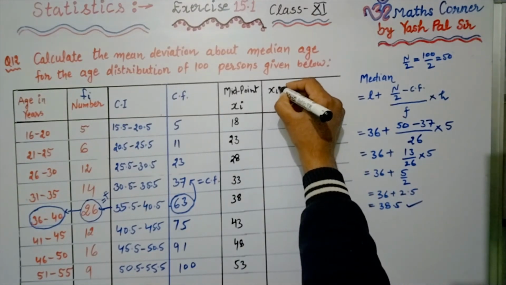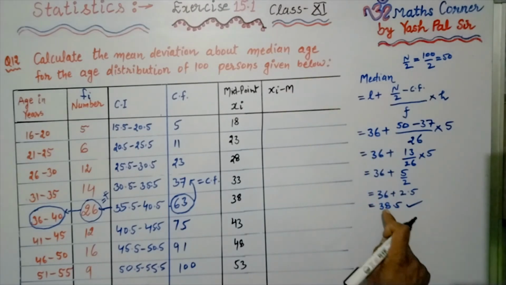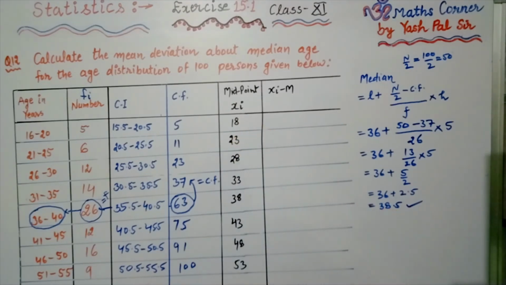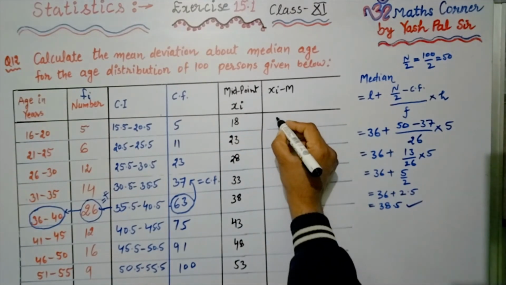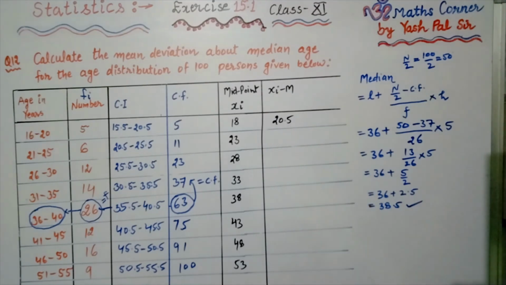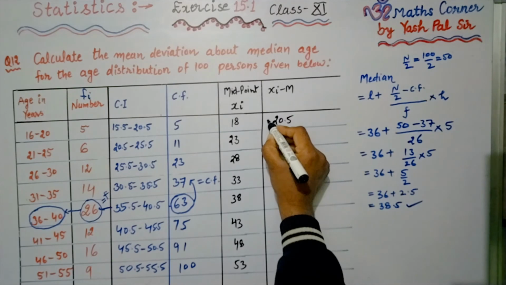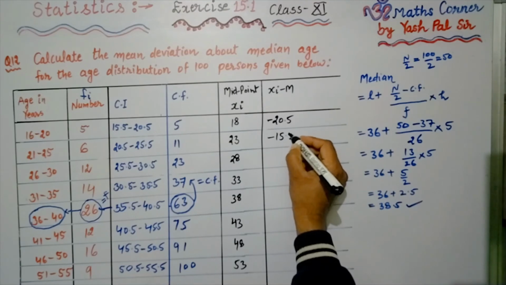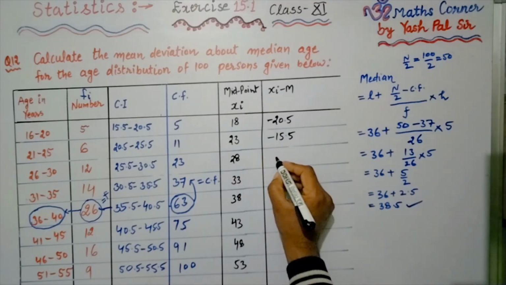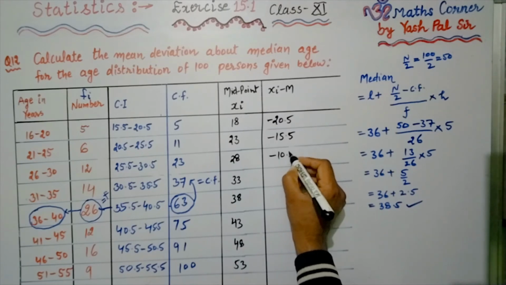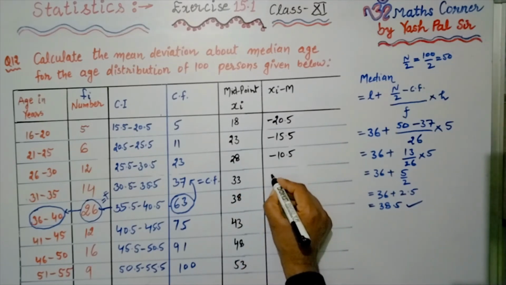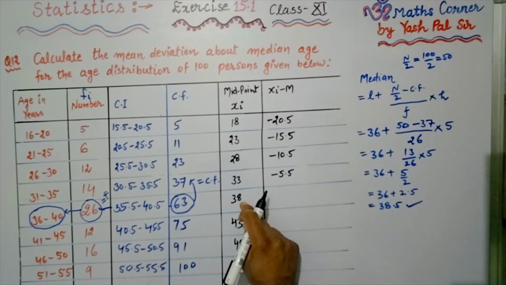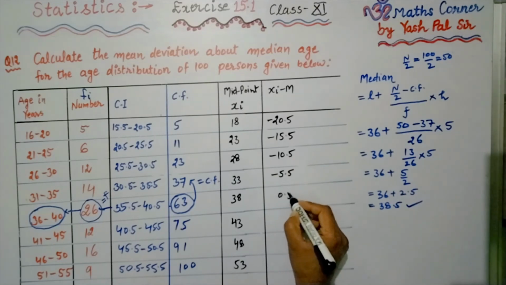Now we calculate xi minus median. Median is 38.5. 18 minus 38.5 is minus 20.5. Next is minus 15.5, next is minus 10.5, next is minus 5.5, next is minus 0.5.